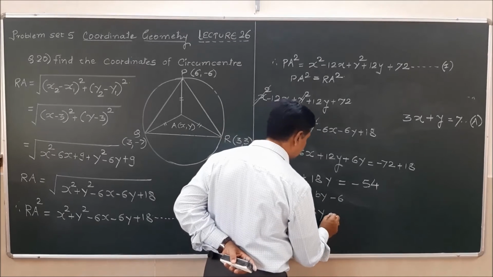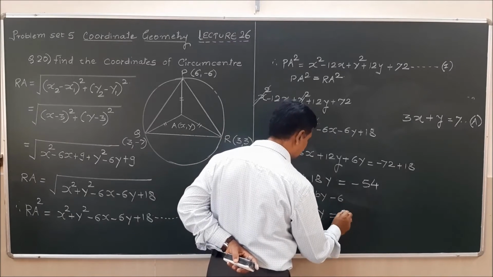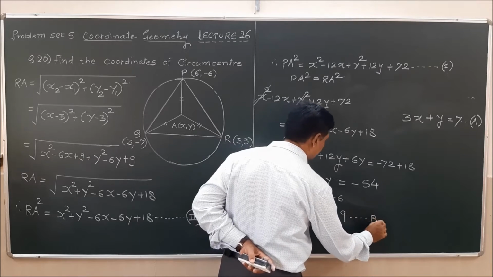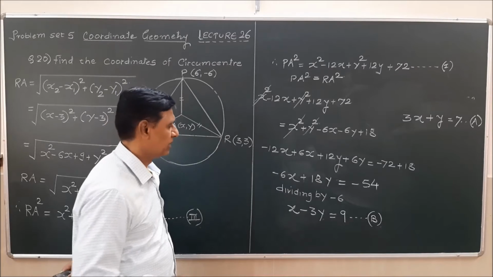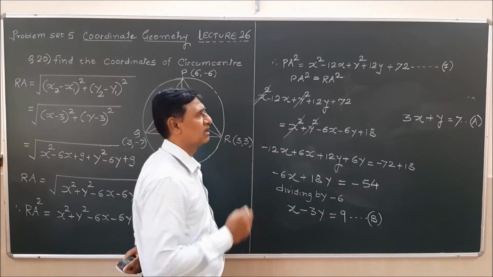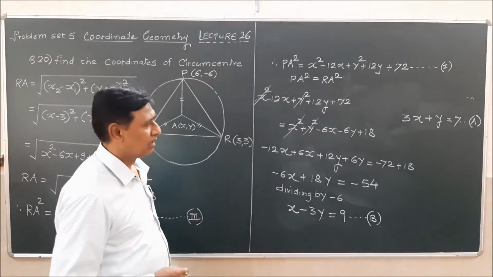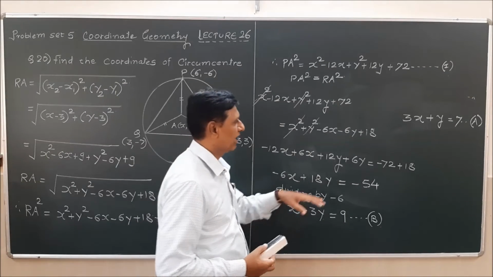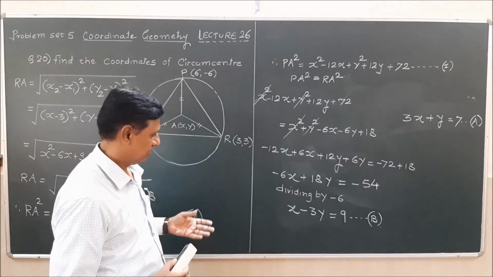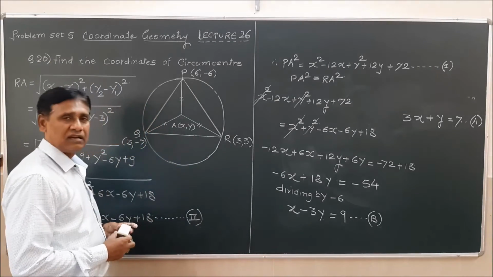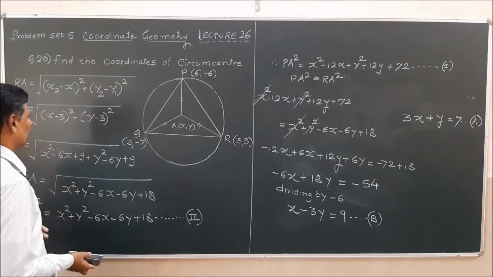And 6 9s are, so minus minus. So x minus 3y is equal to 9. This is our result number B. Now I don't know whether I have taken this simultaneous equation in a correct way, then I will get the answer. Otherwise we have to do all the sum again.